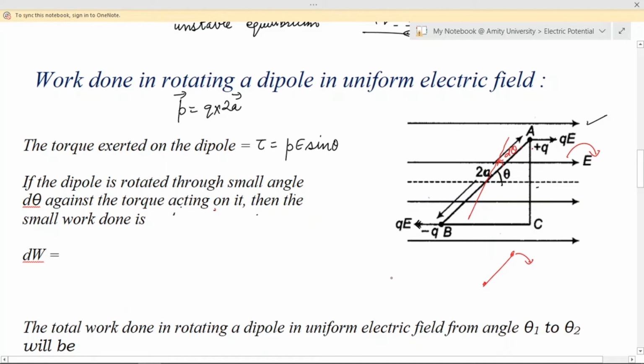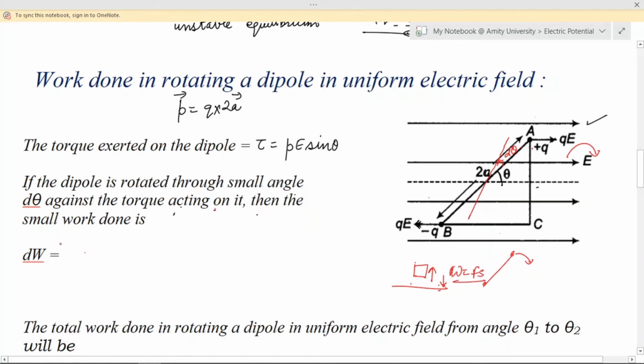And this we can compare with the situation where a body is raised to some height against the gravitational force. So there is a force, there is a displacement, work is done. So here also work will be done. In translational motion, work is equal to force into displacement.